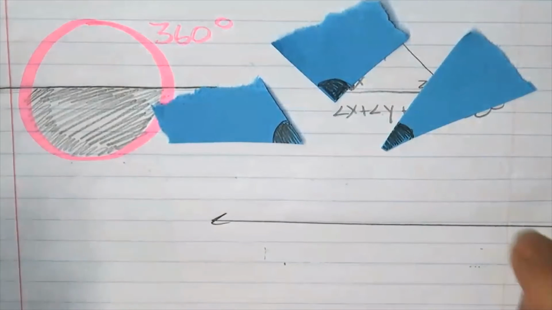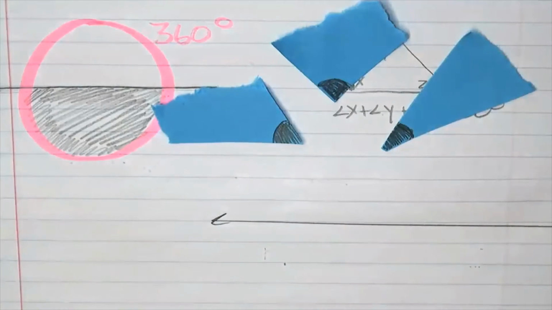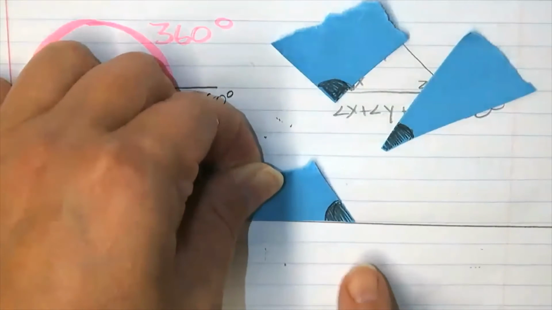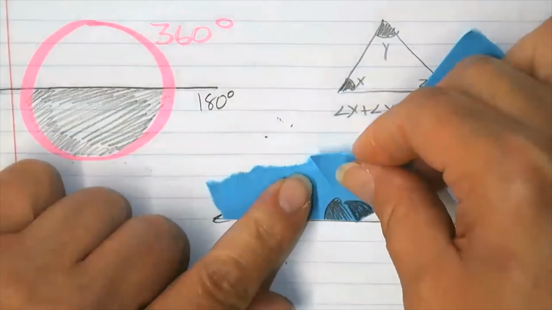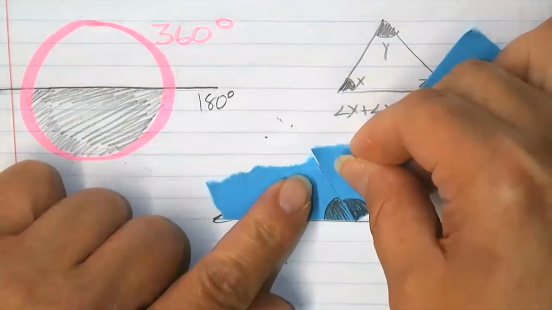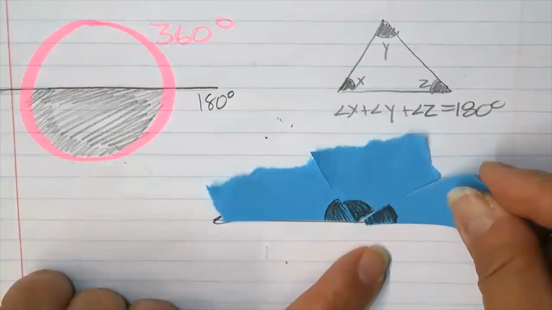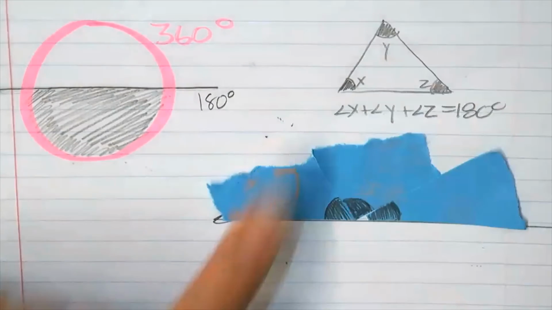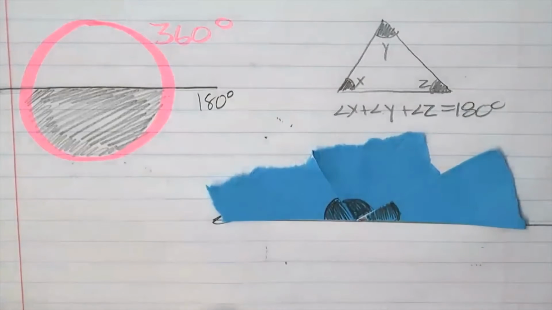Now, we said all three angles should be 180 degrees, which is a straight line. Let's watch what happens. There's one, and it doesn't matter what order I put them down. Look at that. Mine right here, this should be colored in. There.